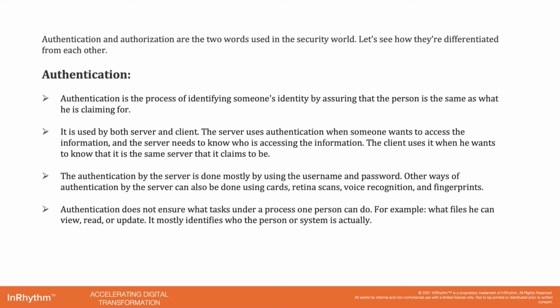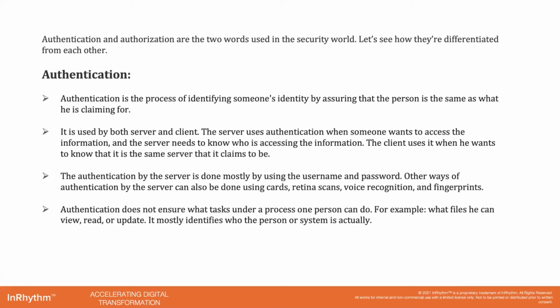So it is used by both server and client. The server uses authentication when someone wants to access the information, and the server needs to know who is accessing the information. In the same way, the client uses it when he wants to know that it's the same server that it claims to be.